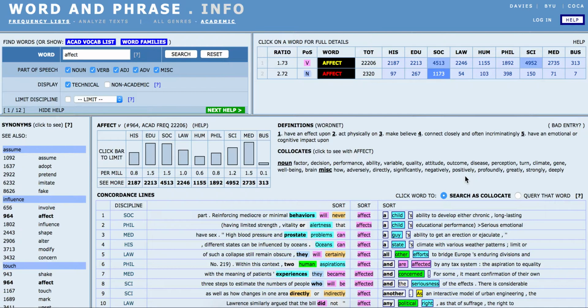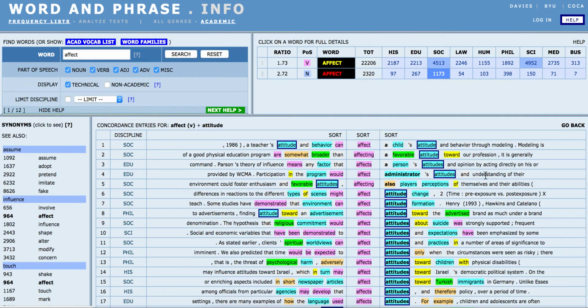If we were interested in seeing how affect is used with one of these collocates here, we could click on, let's see, attitude. And what we'll get is some samples that show our original word affect plus attitude.